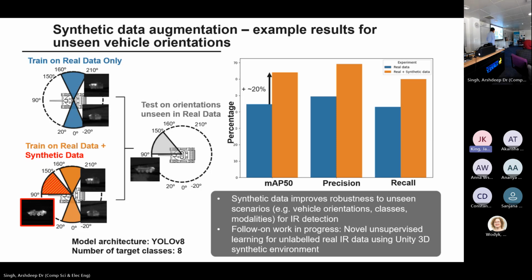These are preliminary results for this work, but these are promising results. So essentially, we want to show synthetic data can improve robustness to unseen scenarios and also unseen classes, different data modalities, for example, electro-optical or infrared.